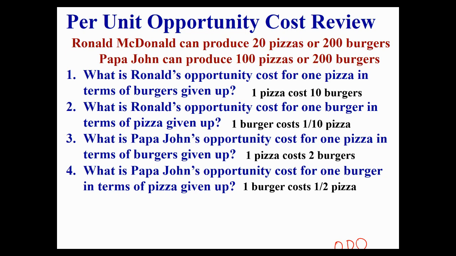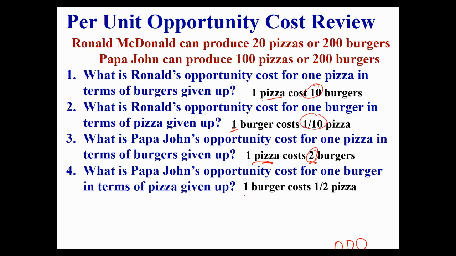If we look in terms of pizza, for Papa John to make one pizza, it costs him two burgers. For Ronald McDonald to make one pizza, it costs him 10 burgers. So who gives up the least? Well, in pizzas, that is Papa John's. But let's look at burgers now. Ronald McDonald to make one burger only gives up 1/10 of a pizza.